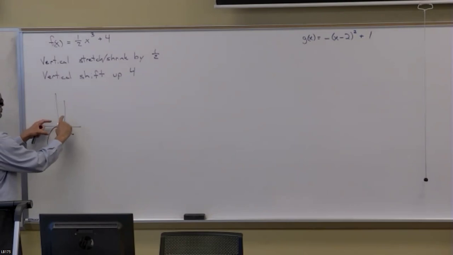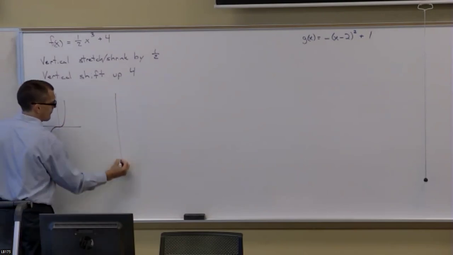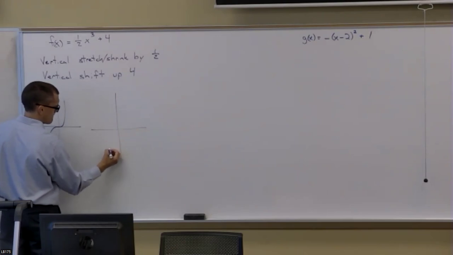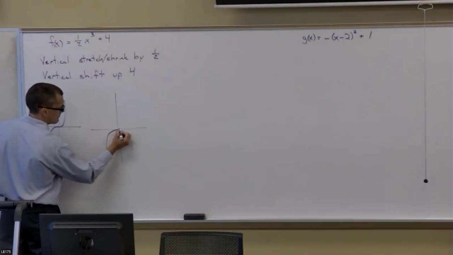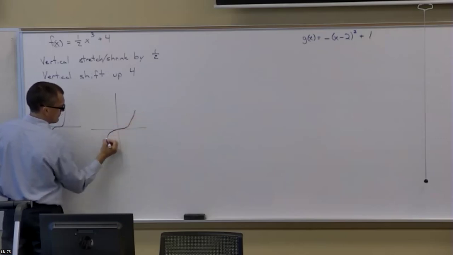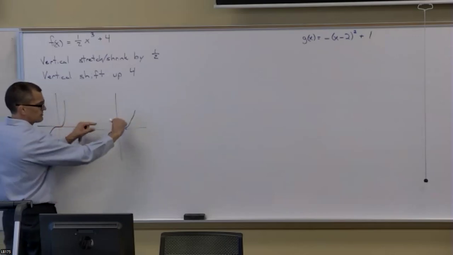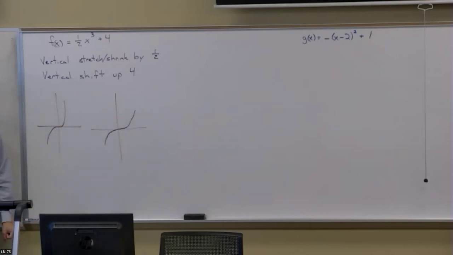Then I would shrink it by half vertically so everything gets closer to the x-axis. It's still going to look like this, but a little closer. It's going to grow not quite as fast. Everything's going to be shrunk down a little bit.